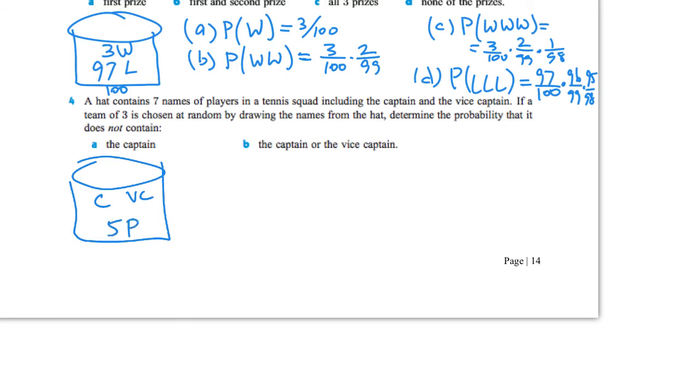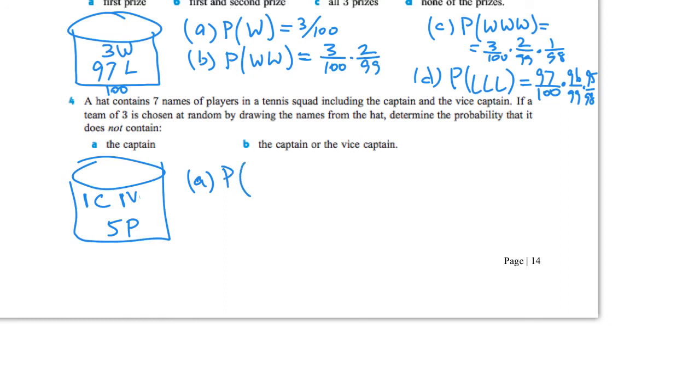So I'll write 5P. We have 1 captain, 1 vice captain, and 5 other players. So what's the chance that we make a selection of 3 and it doesn't have the captain?